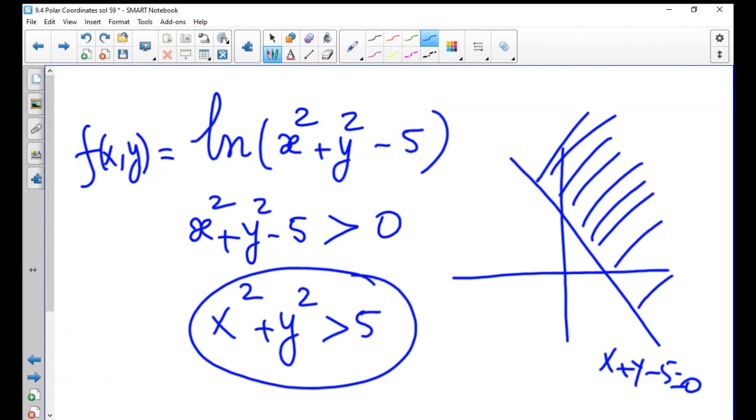So the function ln is defined when whatever you have inside must be greater than 0. A bit like the square root, exactly, except that ln should not be equal to 0. The square root can be equal to 0.